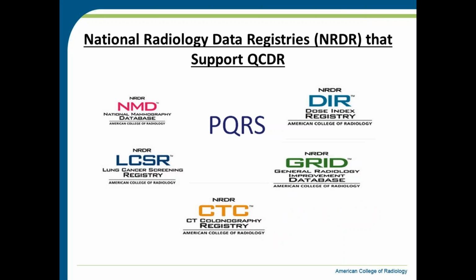Throughout today's presentation, I will reference NRDR. All of the registries that exist under our umbrella are listed here for your viewing. Each of these registries has a subset of measures that can be used for PQRS reporting. That is the reason for PQRS being in the center of all of this.